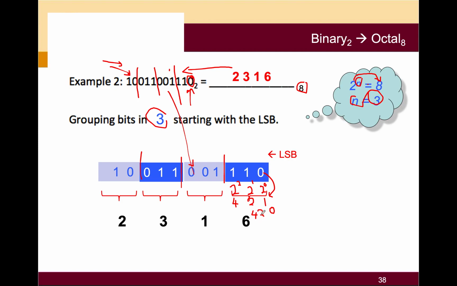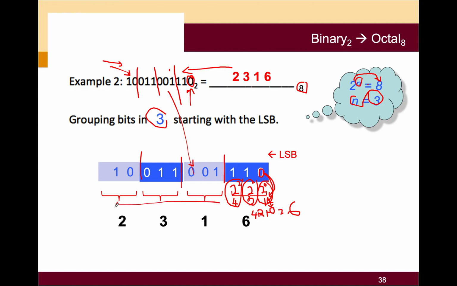Now you add 4, 2 and 0, and you will get 6. So this one is the value of to the power of 0, this is the value of to the power of 1, this is the value of to the power of 2. And you will notice over here, this one is 0, so 0 multiplied by 1 gives 0, and the rest is 1 1. So that's why you get 6.